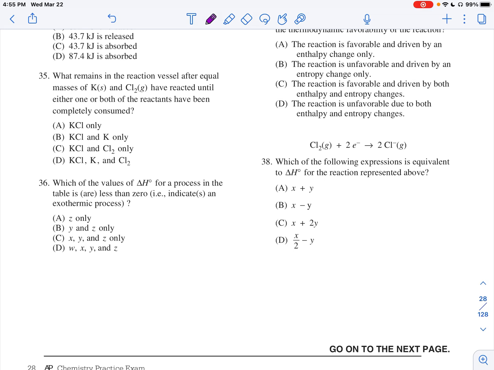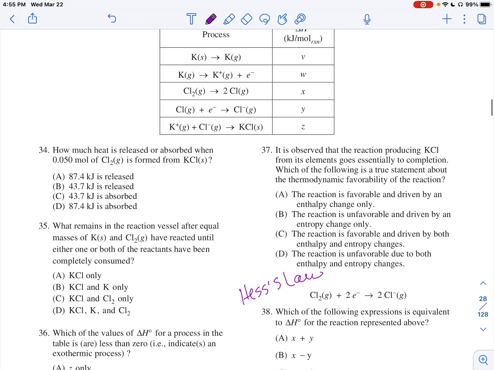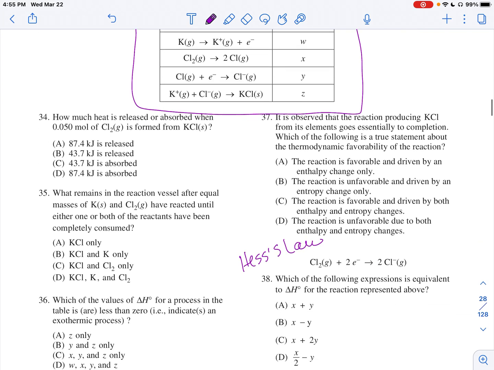38 is a Hess's law problem. We're going to pick whatever of these we can add up to get to this.